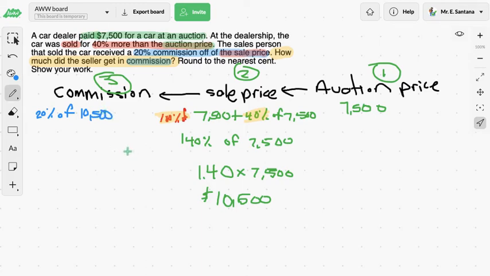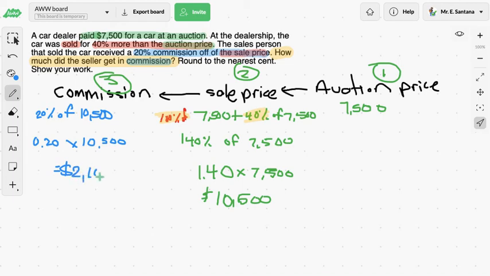At this point, all I have to do is multiply 0.2, which is the equivalent of 0.20, times 10,500. Okay, go to the calculator. That is 2,100.